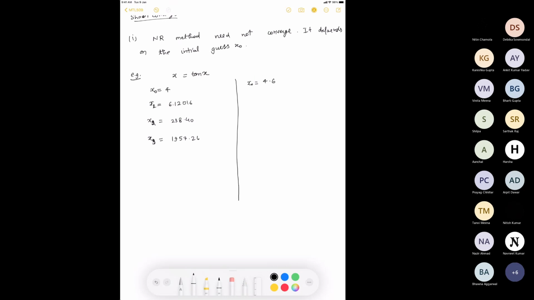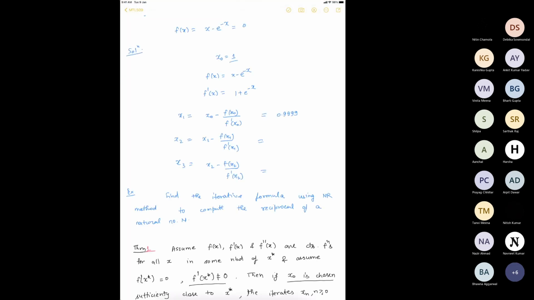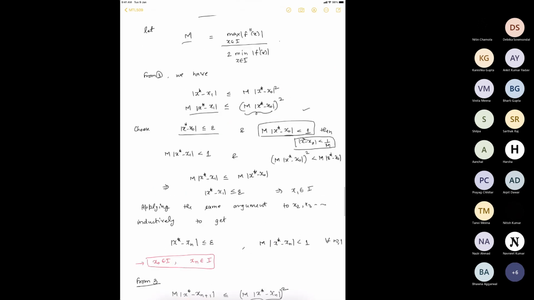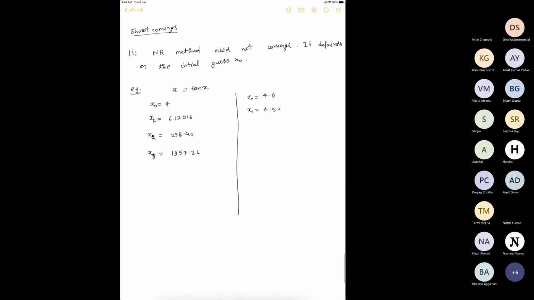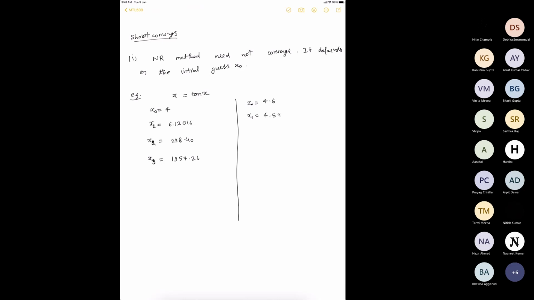But if I start with 4.6, I will get x1 as 4.5458, x2 as 4.5062, x3 as 4.4942, like that.